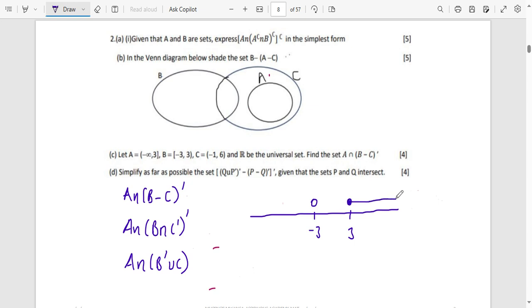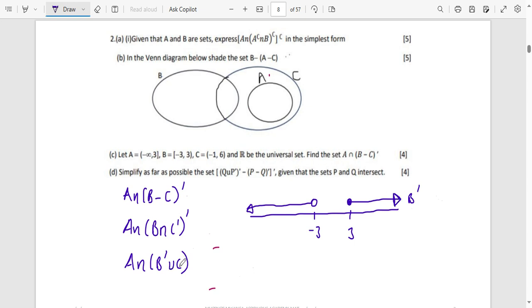Now write an arrow going in this direction. Here you can see I'm using an arrow because the universal set does not have a limit. You only end if the set has a limit. So this is going to be B complement. If you don't show the arrow, that's wrong.